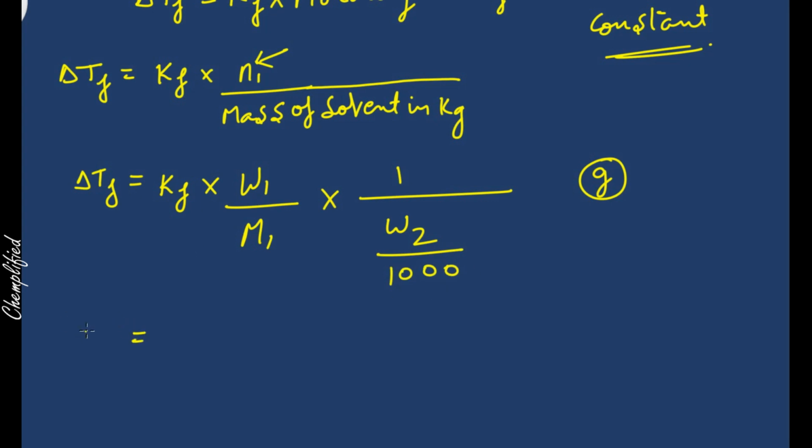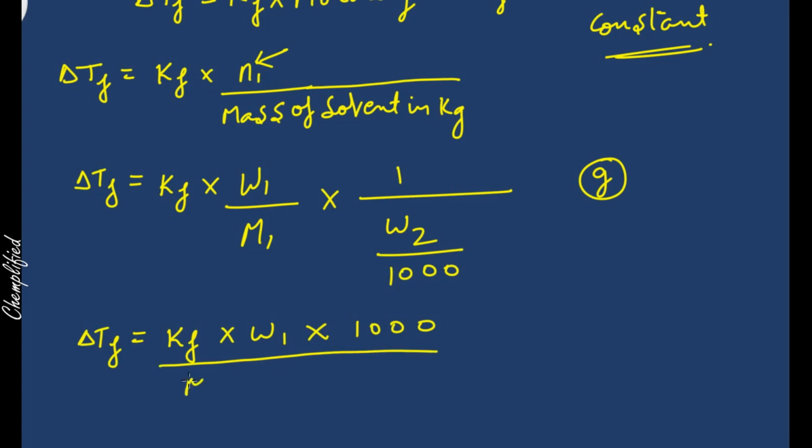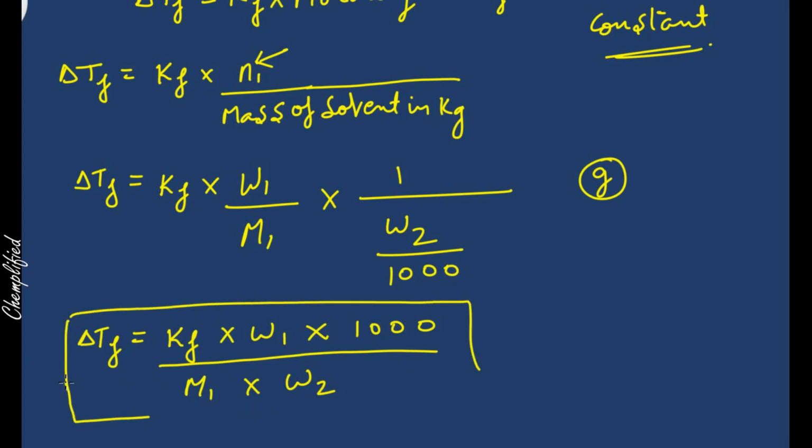Now you will get the final formula: delta Tf is equal to Kf multiplied by weight of solute multiplied by 1000, upon molar mass of solute multiplied by weight of solvent in grams. This is the general formula used for solving numericals to calculate depression in freezing point.